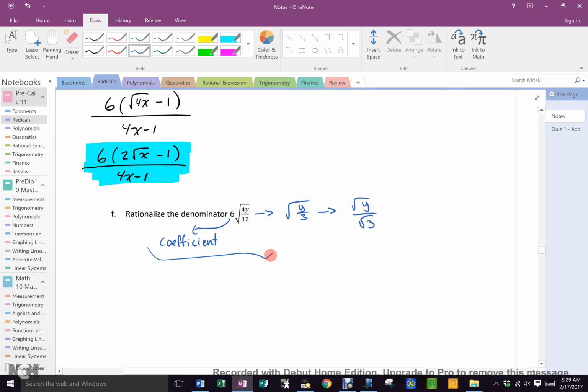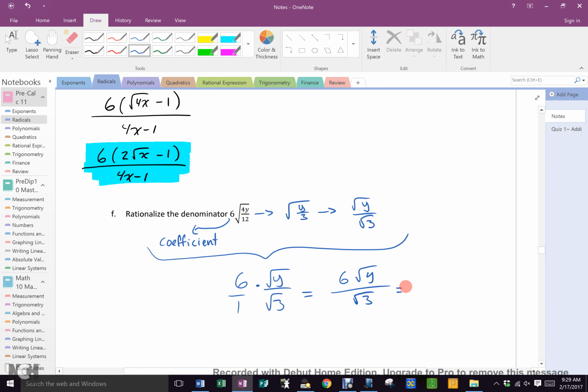So what do I really have? 6 times root y over root 3. What is 6 really? 6 over 1, yeah? So what do I really have there? 6 root y over root 3.